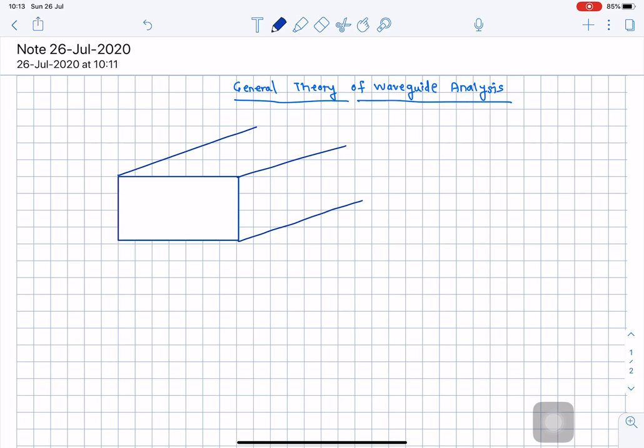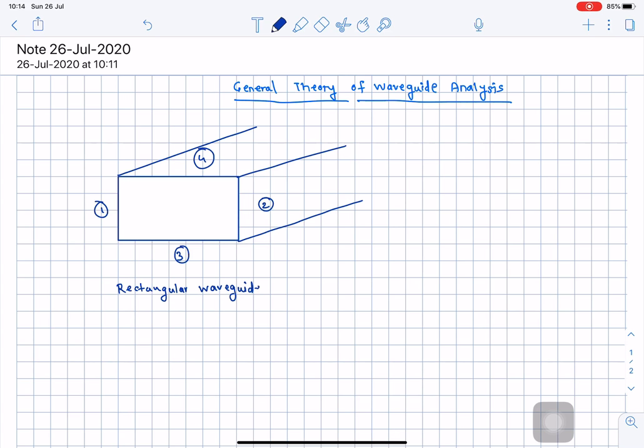It has all four walls. Here you can indicate this is the first wall, this is the second wall, and the third wall, and fourth wall. So the four walls containing a metallic box can be treated as a rectangular waveguide. So this is the example of how the cross section of a rectangular waveguide looks like. Rectangular waveguide.